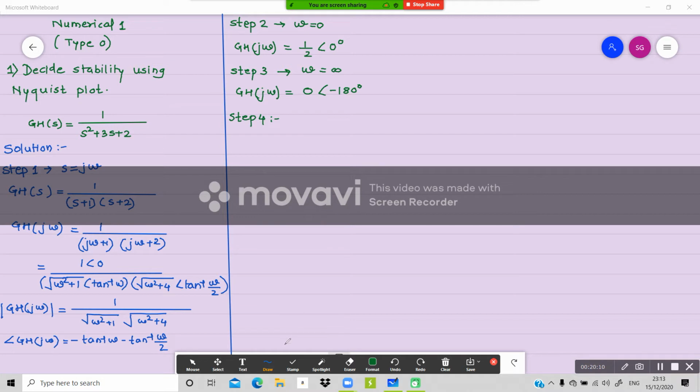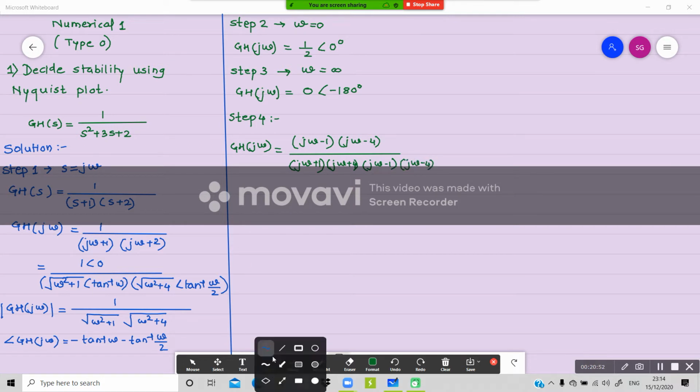So GH(jω) is equal to 1 upon the denominator, that is (jω + 1)(jω + 4). We'll multiply by the complex conjugate of these two, so (jω − 1)(jω − 4), here also (jω − 1) and (jω − 4).